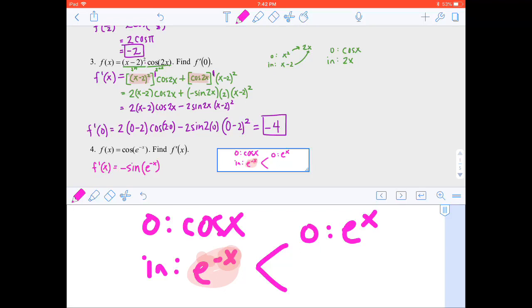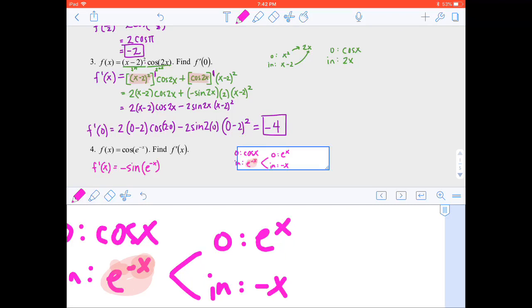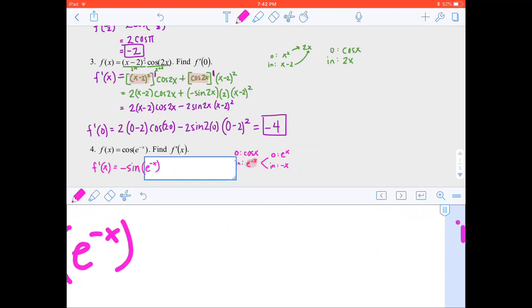So e to the x is the outside function. Negative x is the inside function. So we take the derivative of the outside. Derivative of the outside is going to be just e to the x. Keep the inside, so that's going to become e to the negative x.